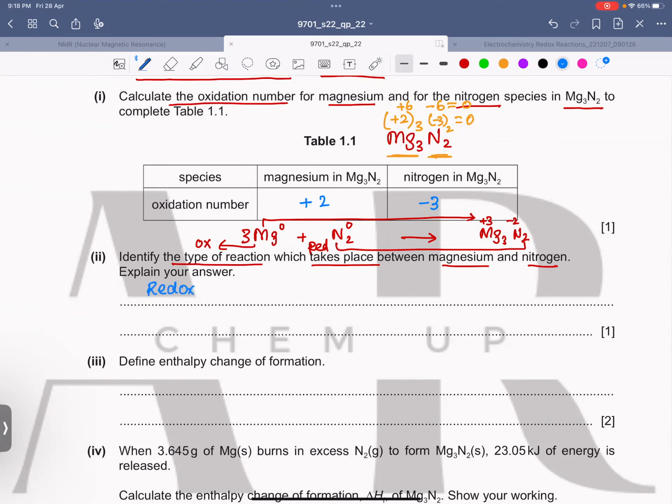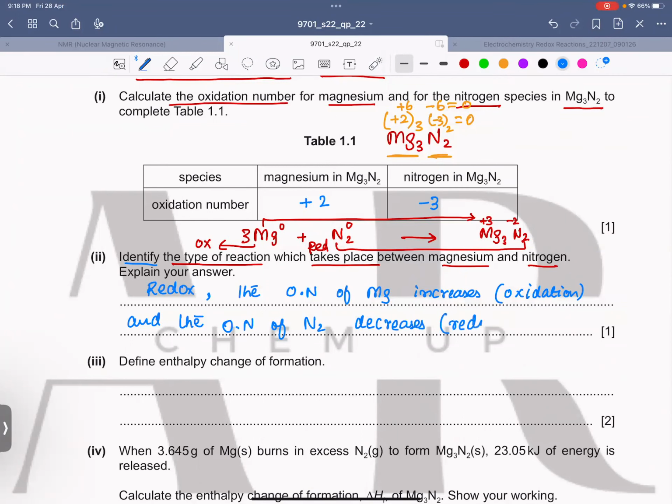So we just write over here that redox, because they ask us to identify, then they ask explain your answer. So we can either write that the oxidation number of magnesium increases, and then you can write oxidation in the bracket, and the oxidation number of nitrogen decreases.